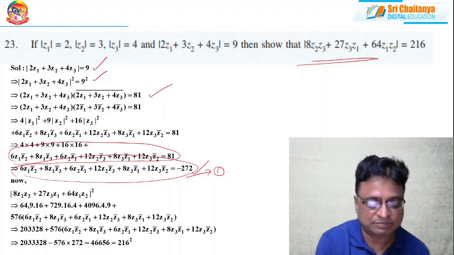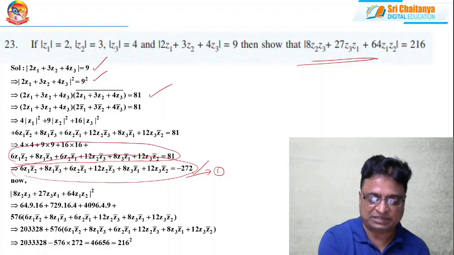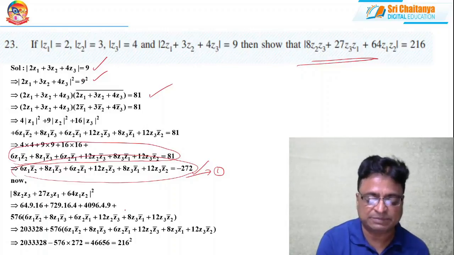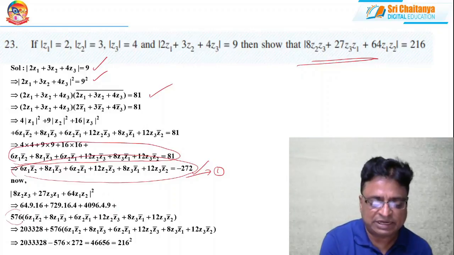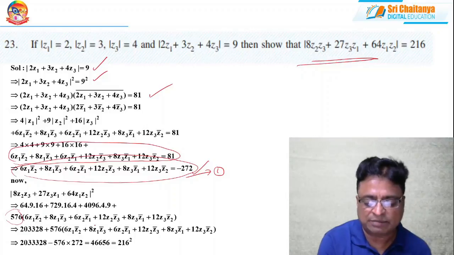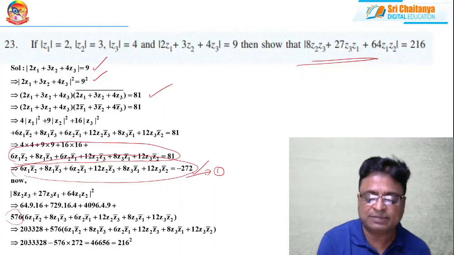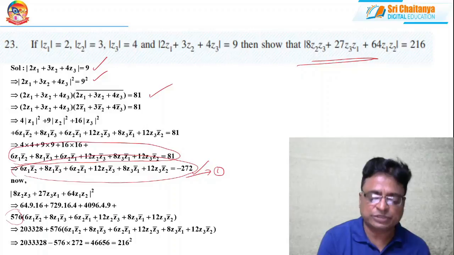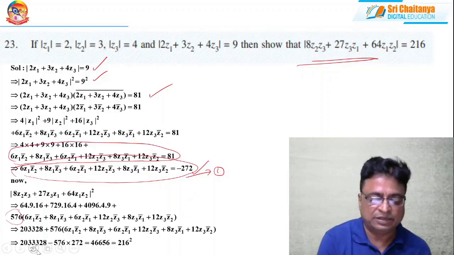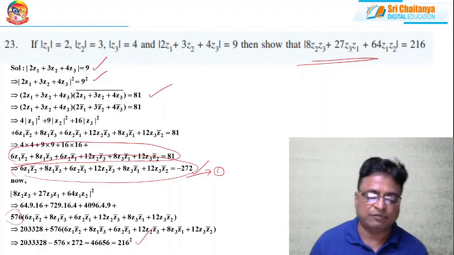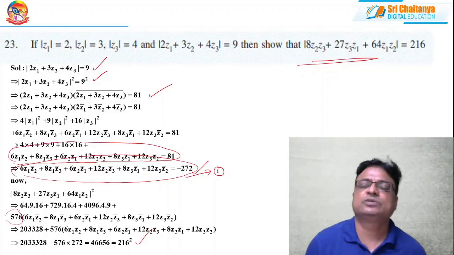On the same fashion, just like above, here also, after simplification, you will get modulus terms like this, and you will get 576 as common factor and a term in the bracket, which is nothing but equation number 1. Now you substitute the term in the bracket from equation number 1, you will get an answer as 46656, that is 216 whole square.